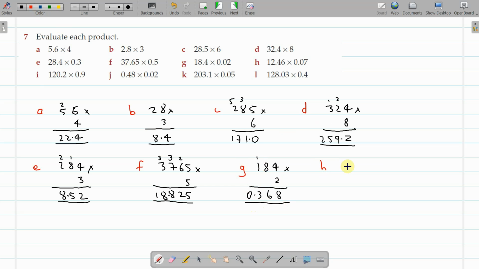Okay. 1246. Decimal point taken out times 7. Decimal point taken out, so all the zeros, so we're just left with that.